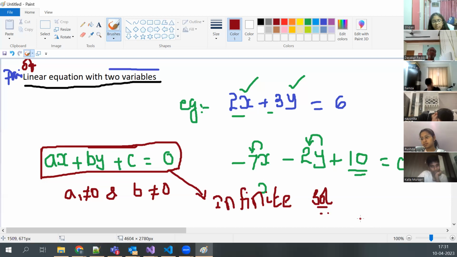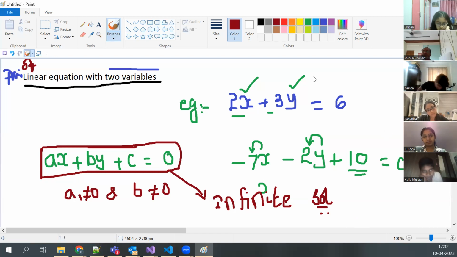How many solutions will that equation contain? Infinite solutions. Is that clear? I'm talking about any linear equation, not a pair, with two variables. It will contain many solutions, because we cannot find the exact values of x and y.